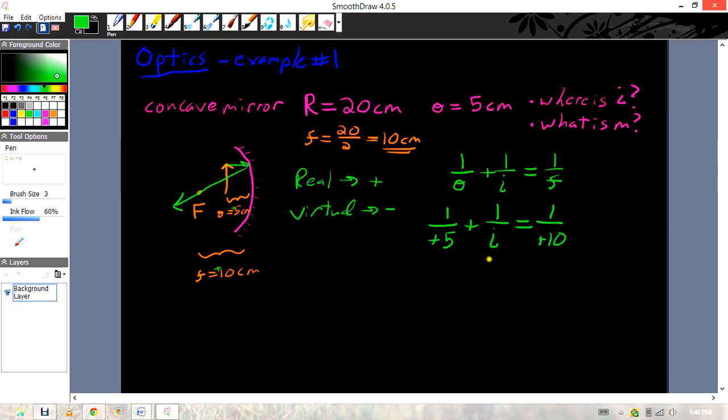Simply subtract 1/5 over. Feel free to use a calculator for that, or you can use an old-fashioned common denominator. So 1/5 you can change to 2/10.